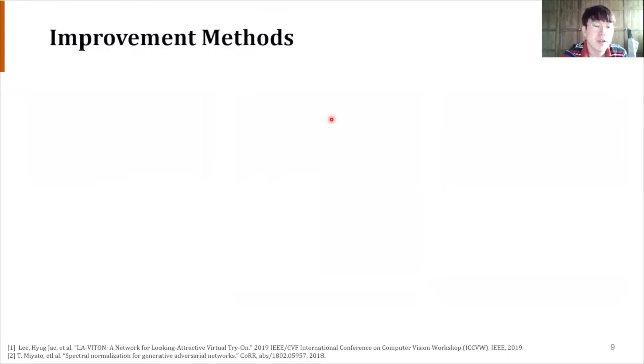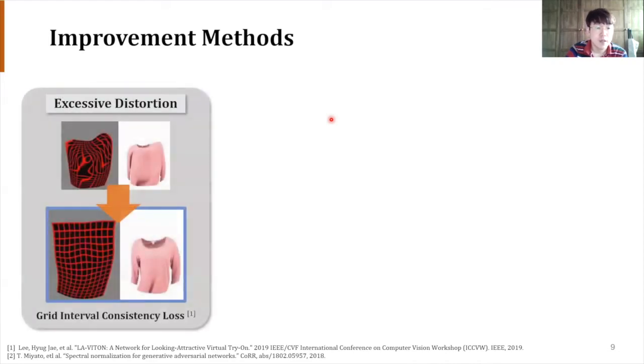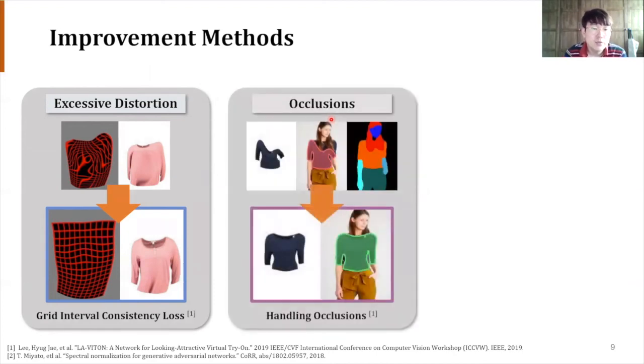By referring to existing works, we attempt to solve the aforementioned problems. We will apply a new loss, namely grid interval consistency loss, to restrict unnecessary warping in cloth. We also apply human parsing data in order to consider the regions of clothes occluded by the other body parts.